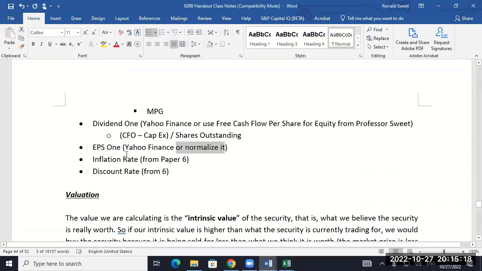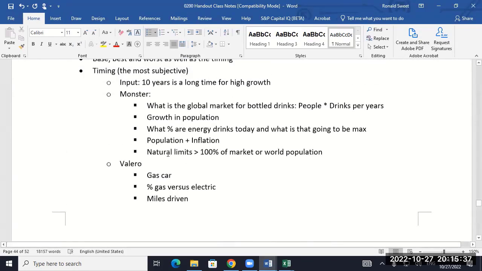All right. You do need an inflation rate. Sorry, I need to change my paper numbers. You had an inflation rate in paper 5, so just use that same inflation rate. And then you have a discount rate. You get that from paper 5 as well. And then you've got all the assumptions that you need.